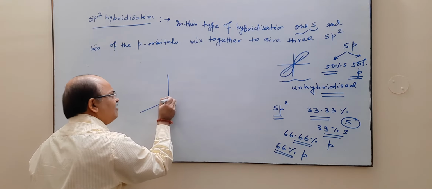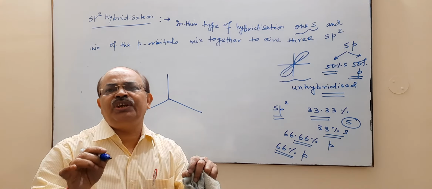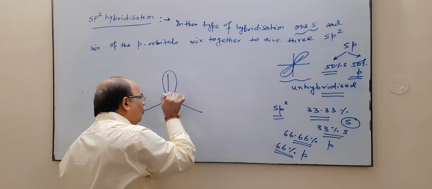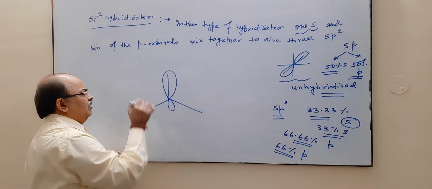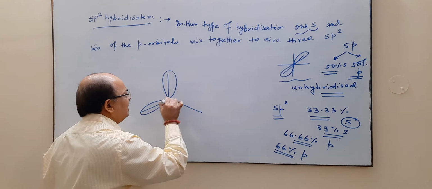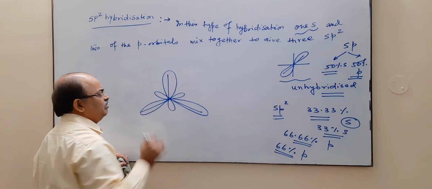We can arrange at an angle of 120 degree. Say this is your one sp2, larger lobe, smaller lobe, this is your another sp2, and this is your third sp2.